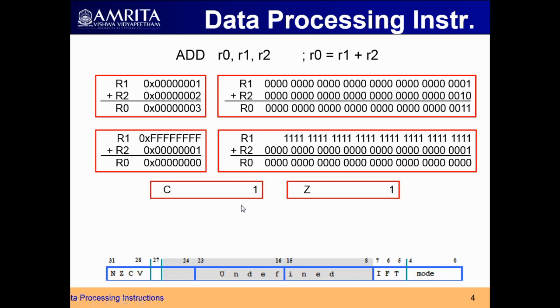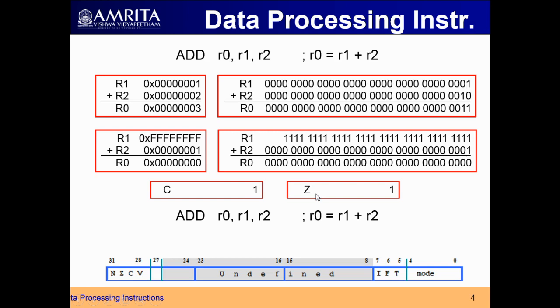Right. So what is the instruction written for performing this addition? Add R0, R1, R2. So when you are performing add R0, R1, R2, this addition will be performed. Result will be generated. In addition to that, these two flags will be set, or these flags will be updated. Yes or no?